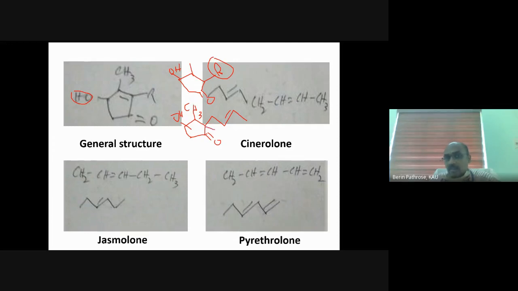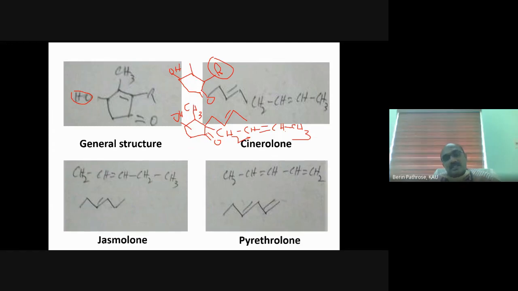In another way, you can write it as CH2 CH double bond CH CH3. I have depicted it in a simple diagrammatic representation.